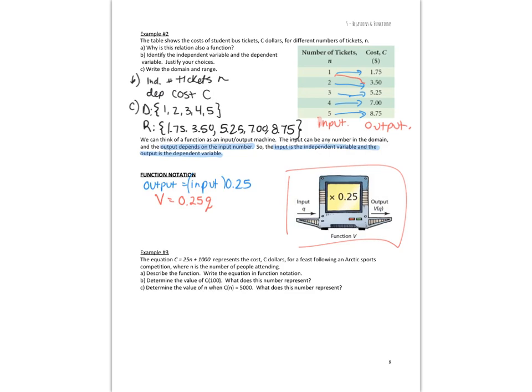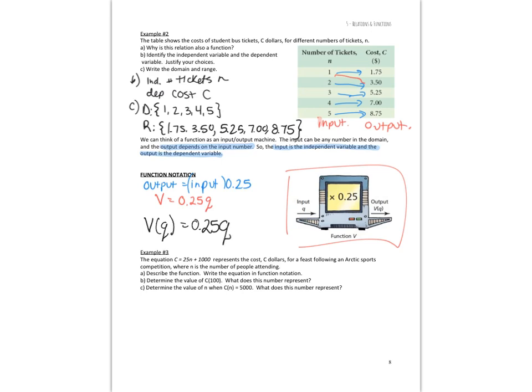So we can say that V is a function of Q. V is a function of whatever Q is. V is dependent on Q. And therefore, if we are going to write function notation for it, we can say V of Q is equal to 0.25Q.